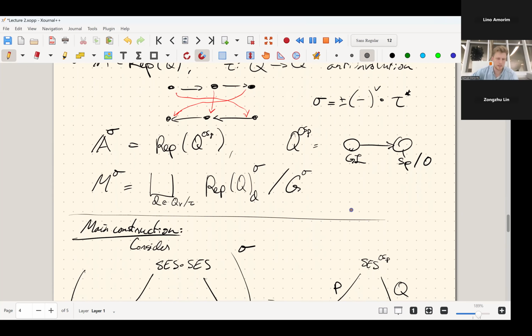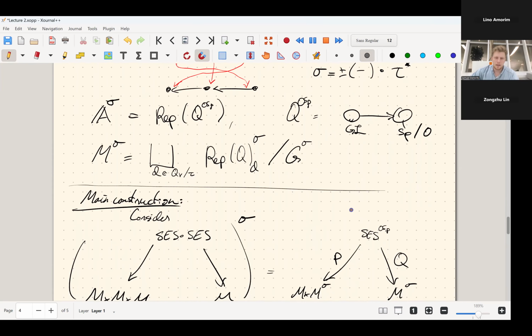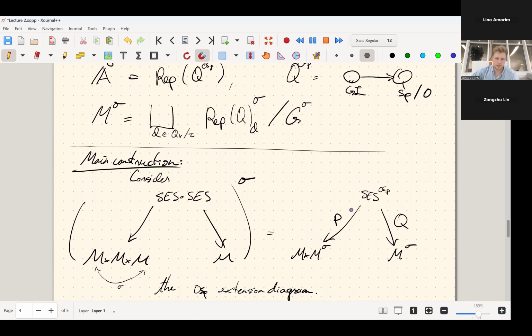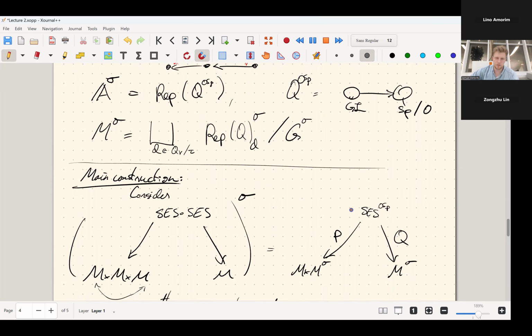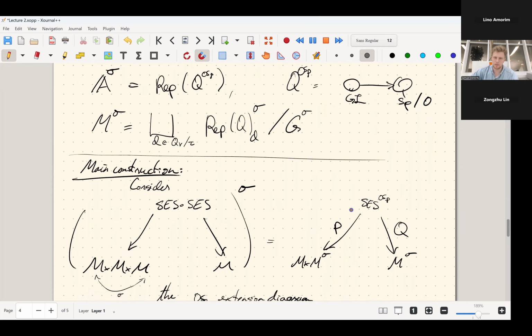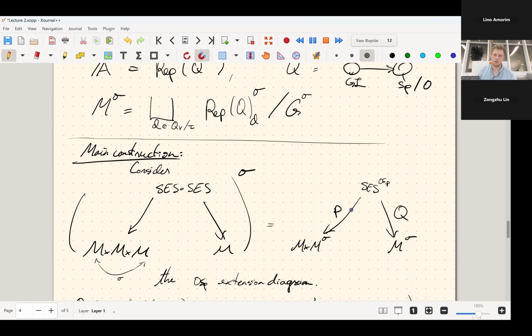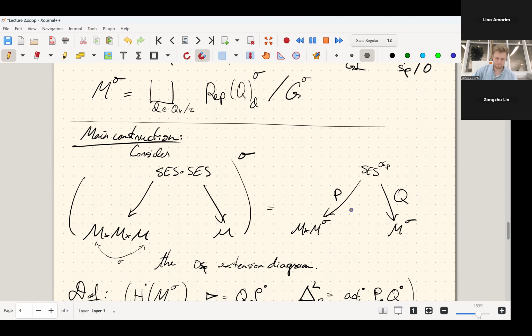And our fixed point stack is, again, a linear quotient stack. So we take the fixed points of the underlying vector space under the involution and quotient by the fixed points of the group, which is going to be a product of general linear, symplectic, and orthogonal groups.